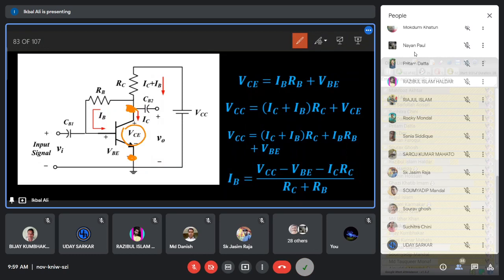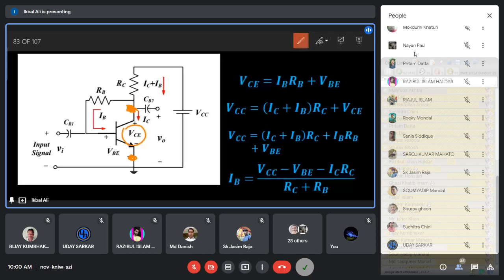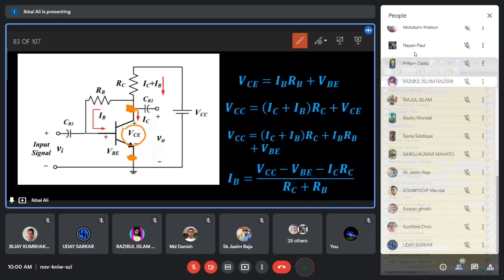VCE is the collector potential with respect to the emitter. That is why the symbol is like this. E, the second suffix, is with respect to the emitter. In the collector potential VC, C is the first suffix, which is the potential. So the collector potential with respect to the emitter, which is connected to the ground. So you can also say, with respect to ground, what will be the collector potential?